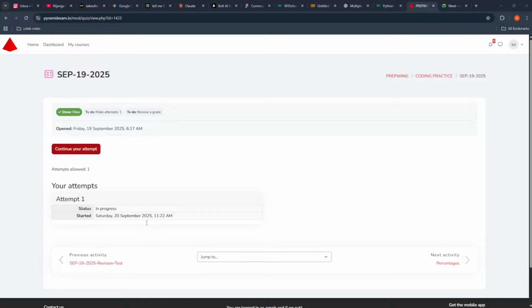Then what about identifiers and variables? I just want to revise some basic points. First of all, identifier. What do you mean by identifier?